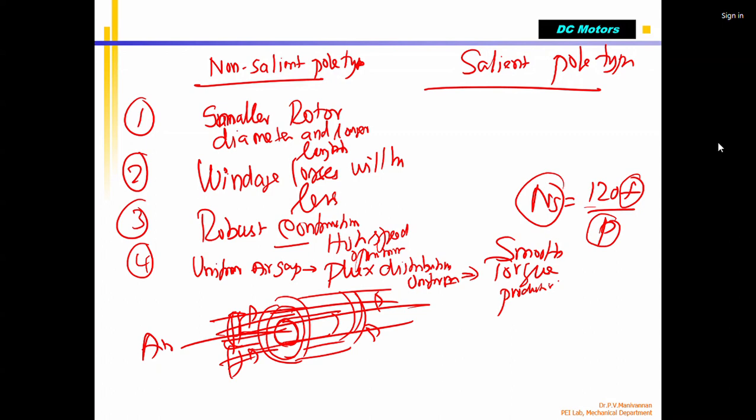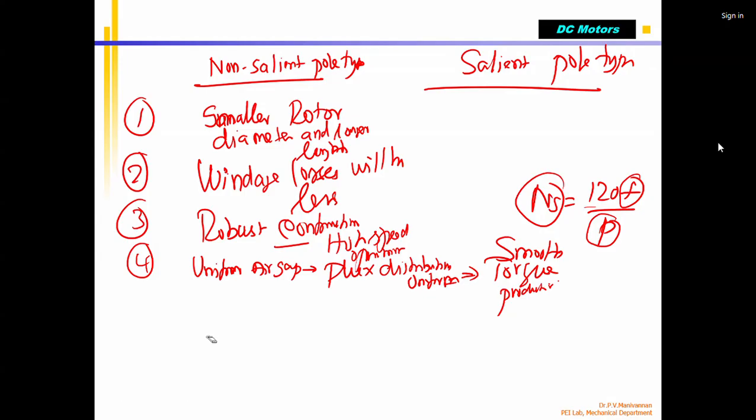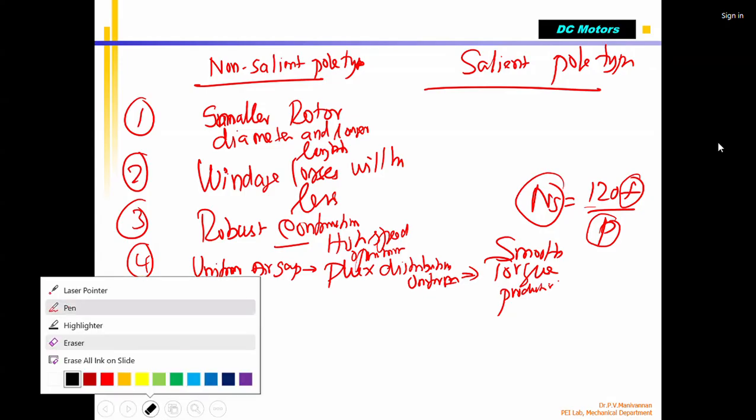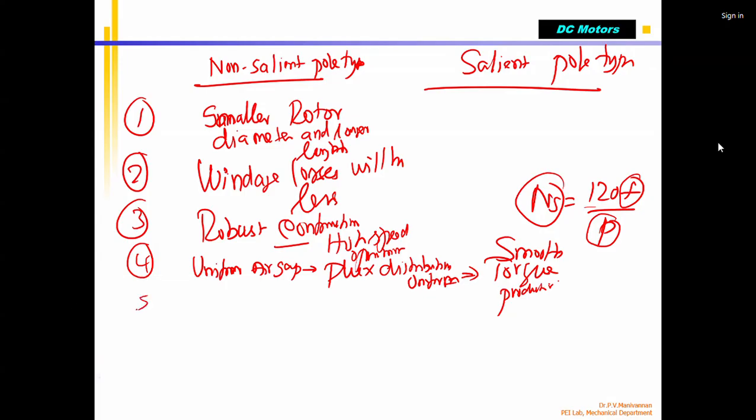Okay. Then, as I told you, high speed operation is possible, correct? Generally, when a synchronous motor is running at high speed, it will be a non-salient pole.